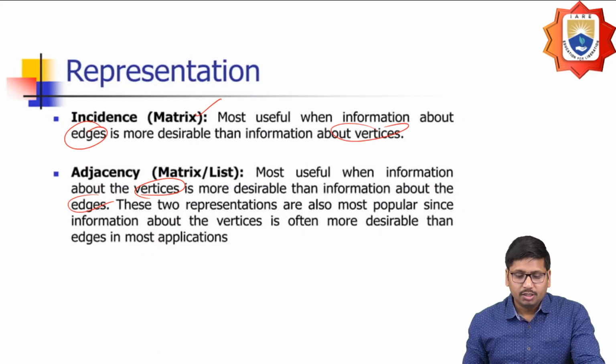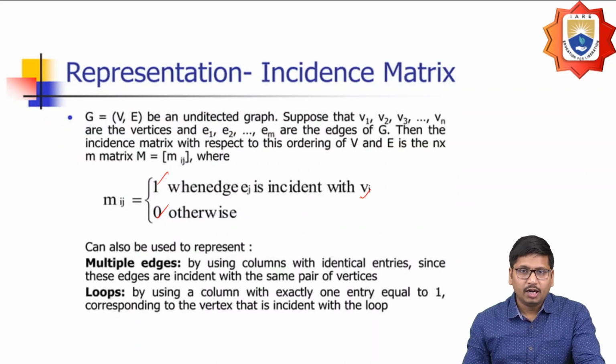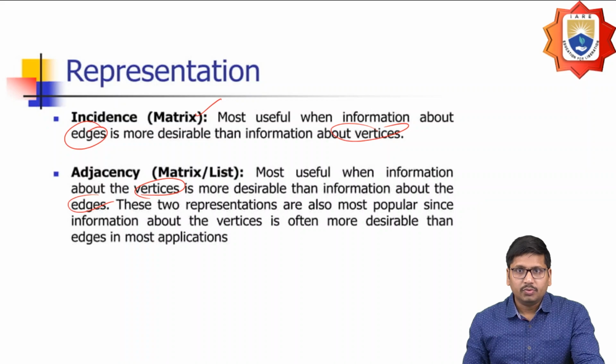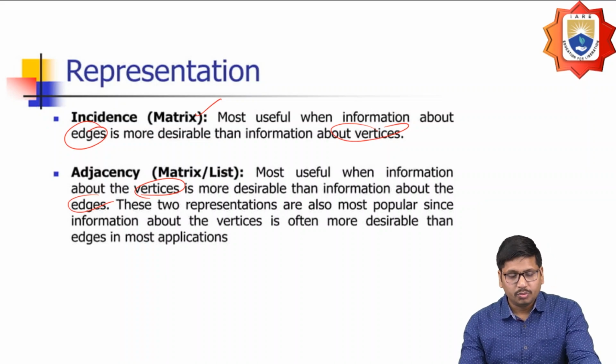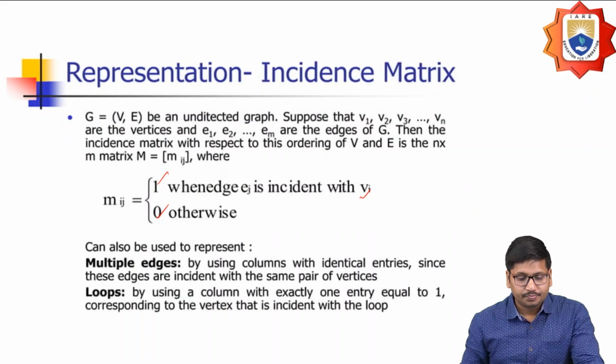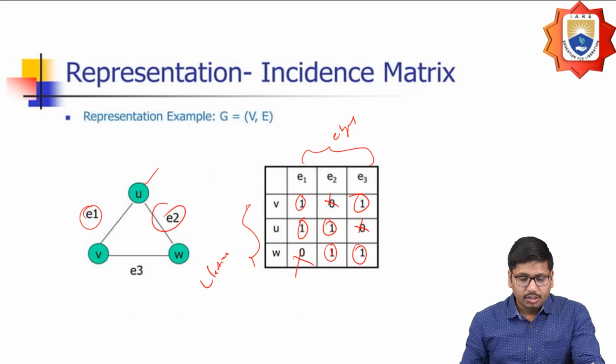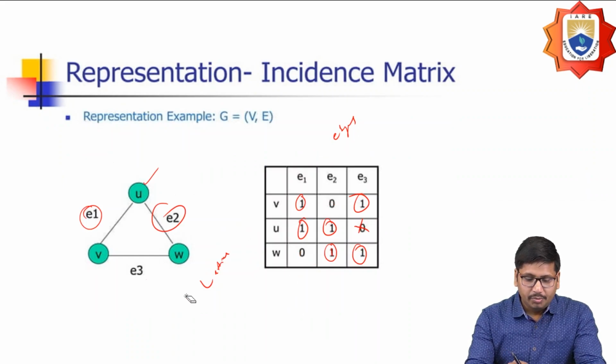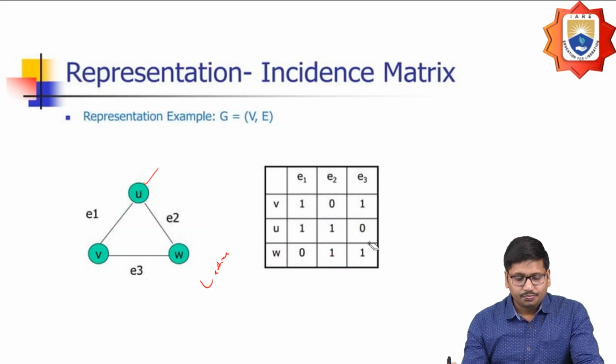Then there is the adjacency matrix or the adjacency list. The adjacency matrix is considered when I have a graph among vertices to vertices, and the adjacency list means the vertices that are connected to a vertex. In an incidence matrix, sometimes you can have negative edges also.